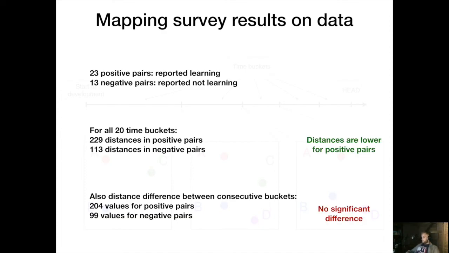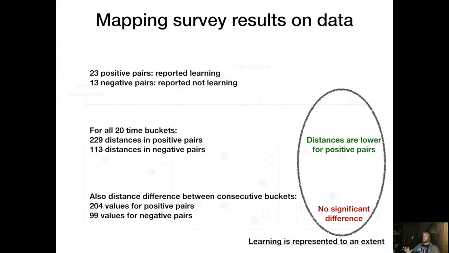What we found is distances between people, one of whom reported learning from the other, are significantly lower than in pairs where one reported not learning from the other. But there was no effect we could observe for distributions of differences of distances. From this, we conclude that our code style representations may capture learning, and actually do capture learning between individual developers to an extent.